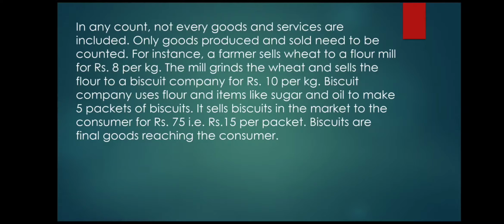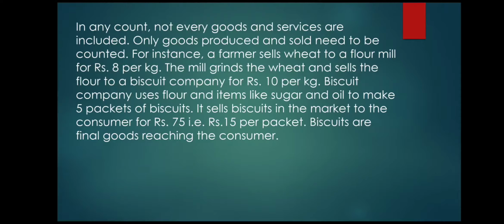For instance, a farmer sells wheat to a flour mill for rupees 8 per kg. The mill grinds the wheat and sells the flour to a biscuit company for rupees 10 per kg. The biscuit company uses flour and items like sugar and oil to make 5 packets of biscuits.